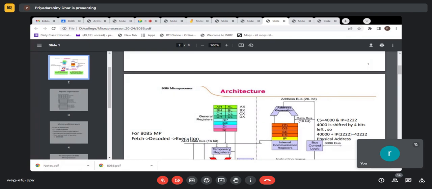And each 16-bit register is subdivided into two 8-bit registers, which you can use if you want. Clear?